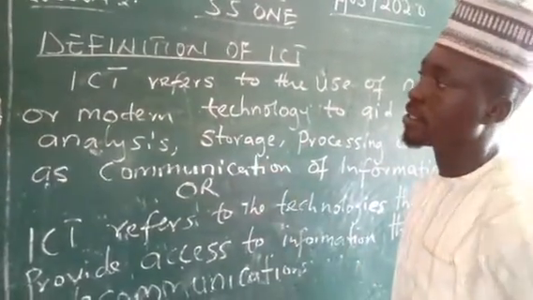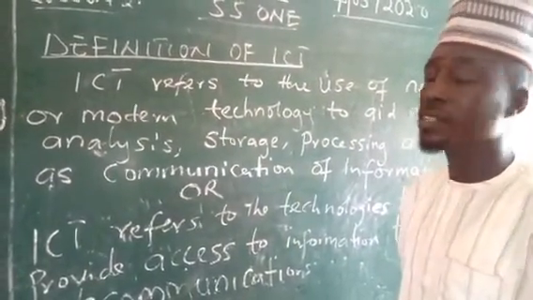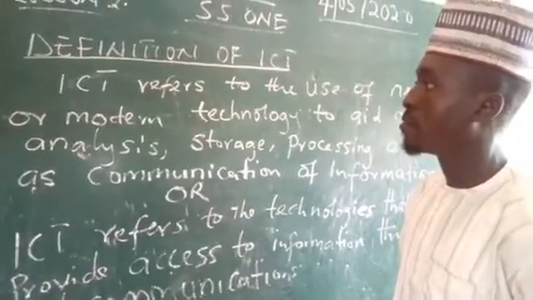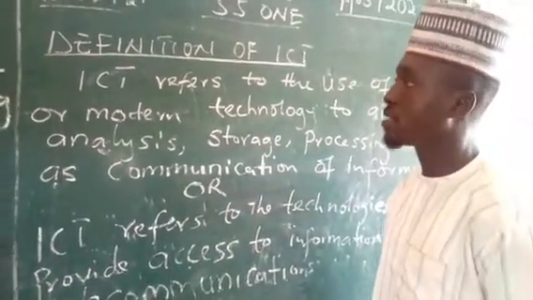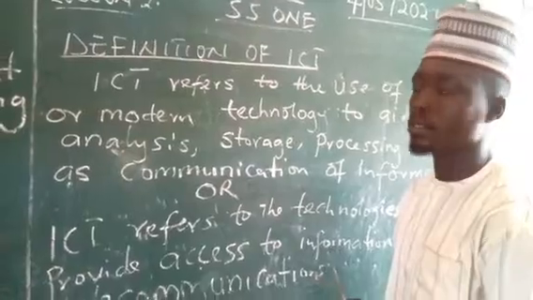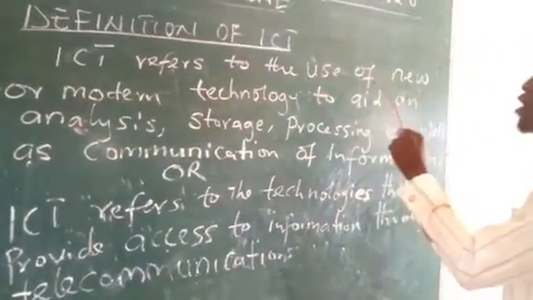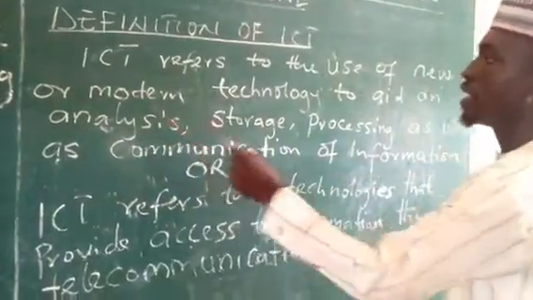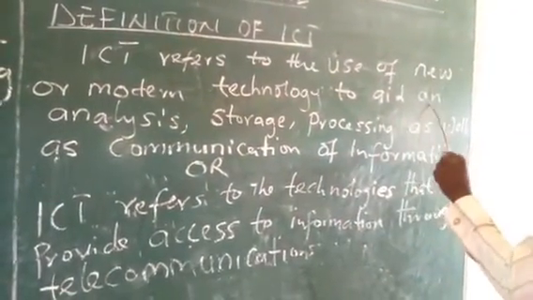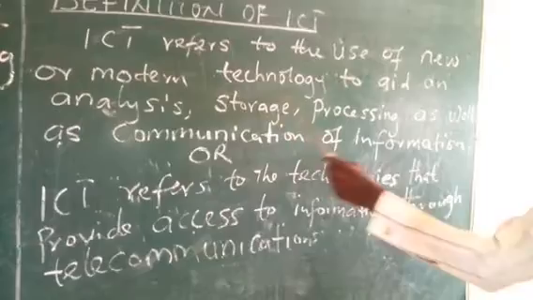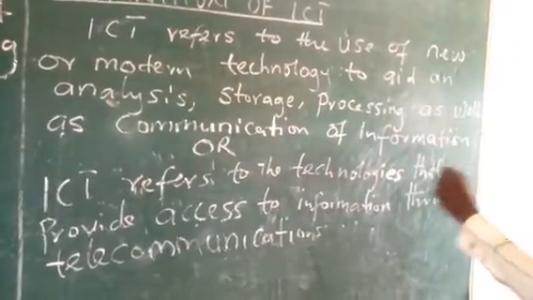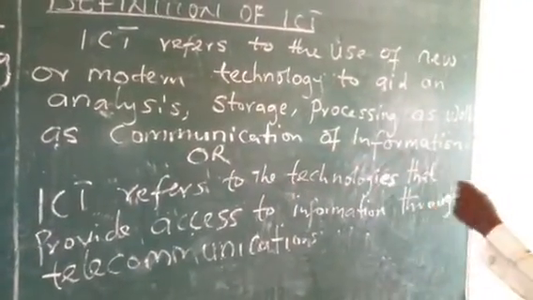Definition of ICT. There are different definitions of ICT, but for the sake of this class, we are going to look at these two definitions. ICT refers to the use of new or modern technology to aid an analysis, storage, processing, as well as communication of information.